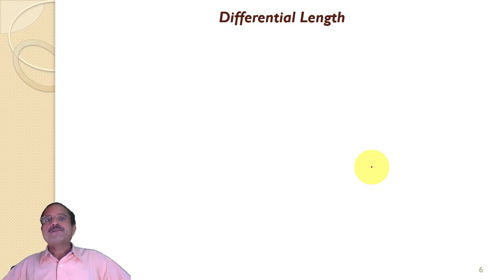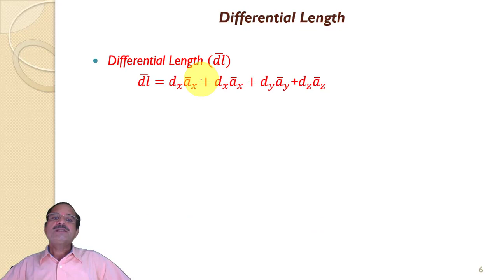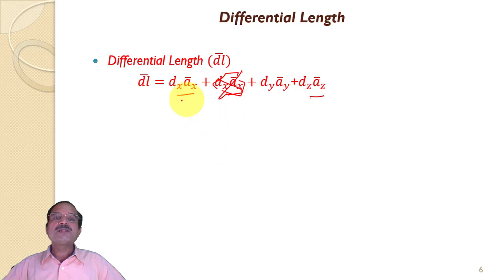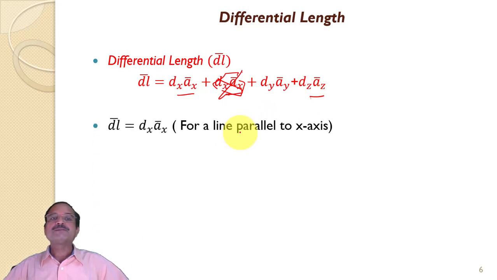Now the next term we will need is the differential length. The differential length again has three components: the component of the differential length in x direction, in y direction, and in z direction.